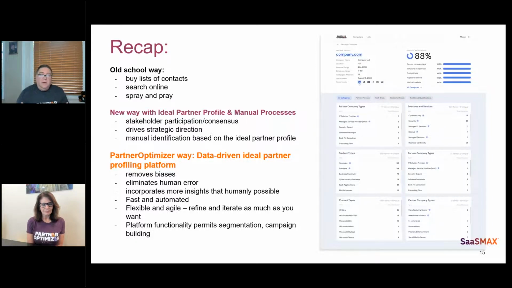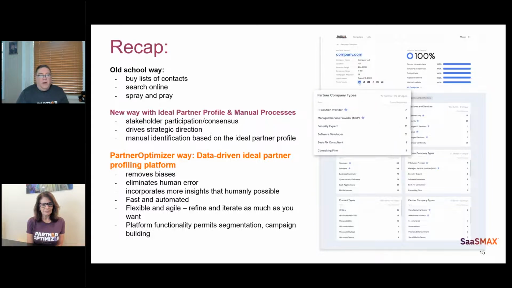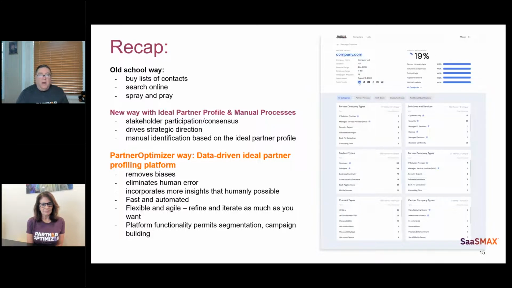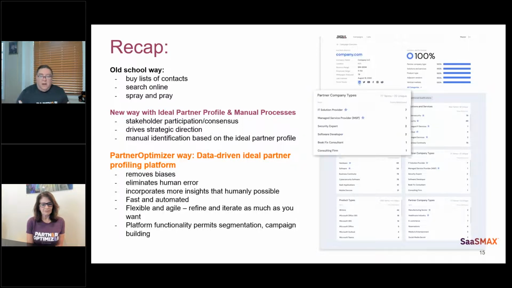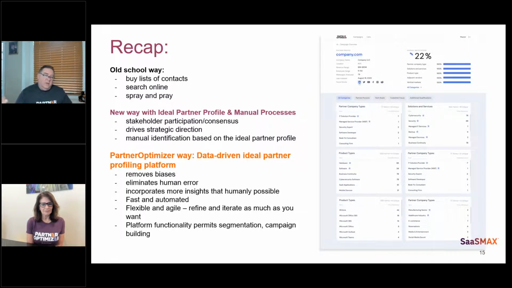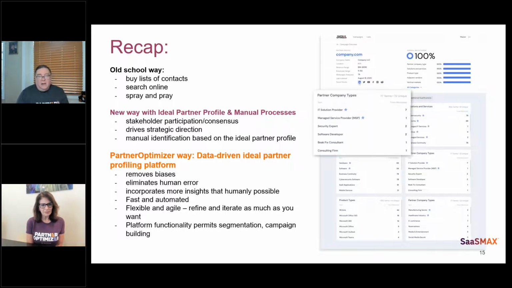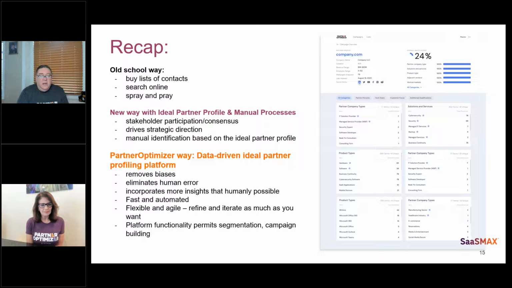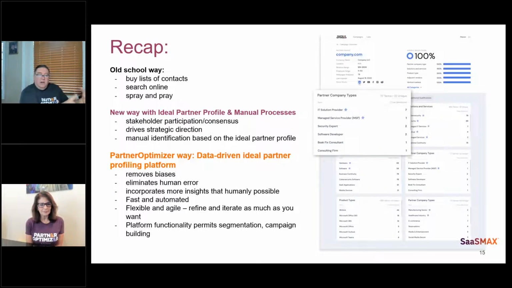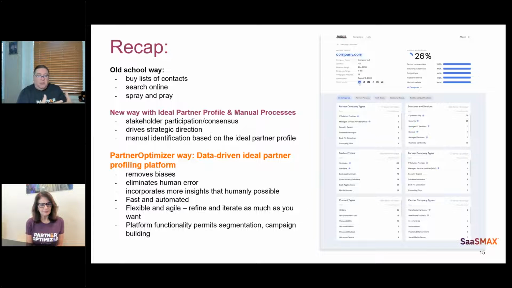Then the data-driven ideal partner profile, and the way we're moving things forward and helping customers, is really getting rid of that human error, bringing hundreds of years of domain knowledge into a platform that understands how to look at and profile and bring together what I call a DNA map of all these partners, matched to your DNA map of what a best partner looks like, and bringing them together in a fast, automated way.